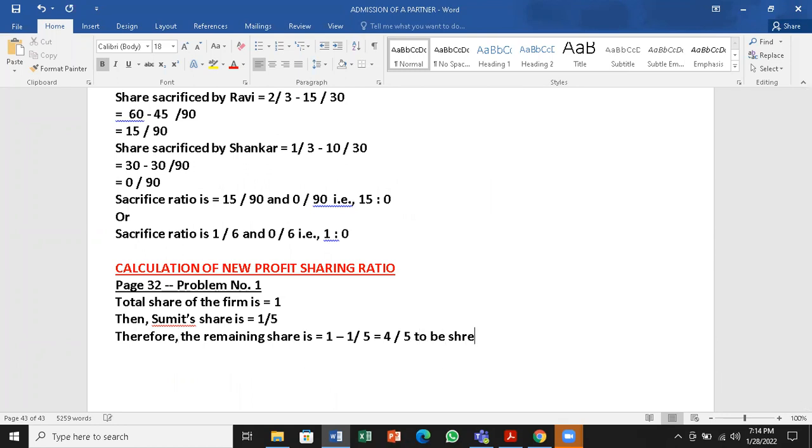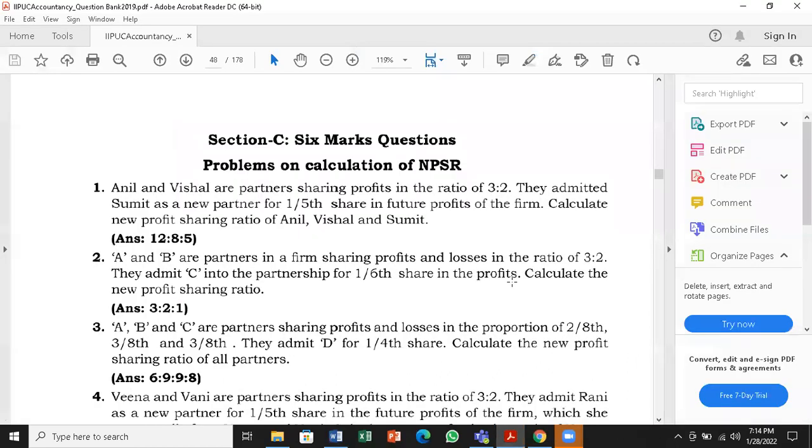To be shared among old partners in their old profit sharing ratio. So what is the old profit sharing ratio of them? 3:2.